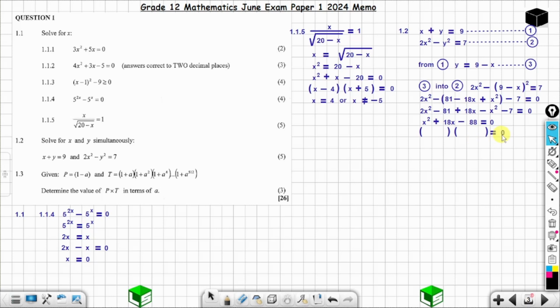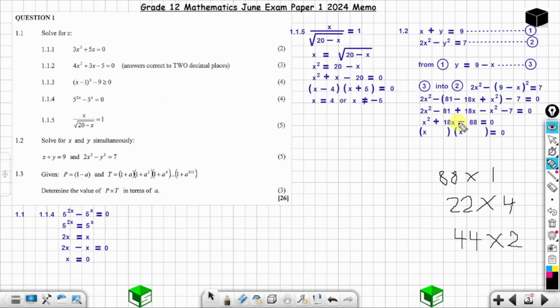So x squared is x times x. Now 88 is equal to 88 times 1, or 22 times 4, or you can say 44 times 2.